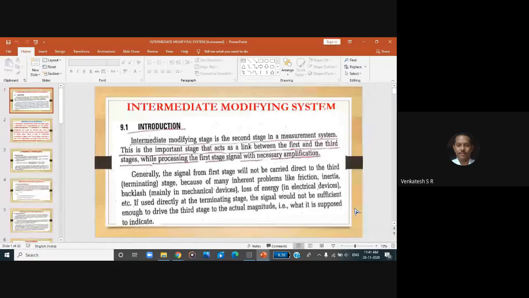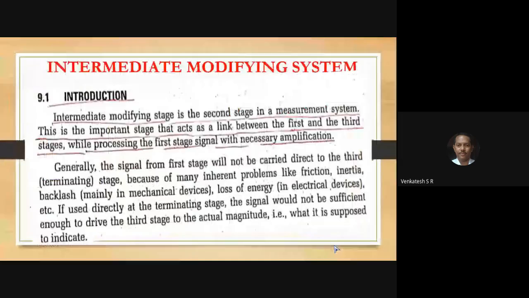Next portion of your 4th module, intermediate modifying system. We discussed the generalized description of measuring system. In that, there will be an intermediate modifying element. The 3rd stage of measurement is the intermediate modifying system. This intermediate modifying system receives the signal from the primary stage and amplifies, rectifies, filters, and develops the signal and feeds it to the final stage.